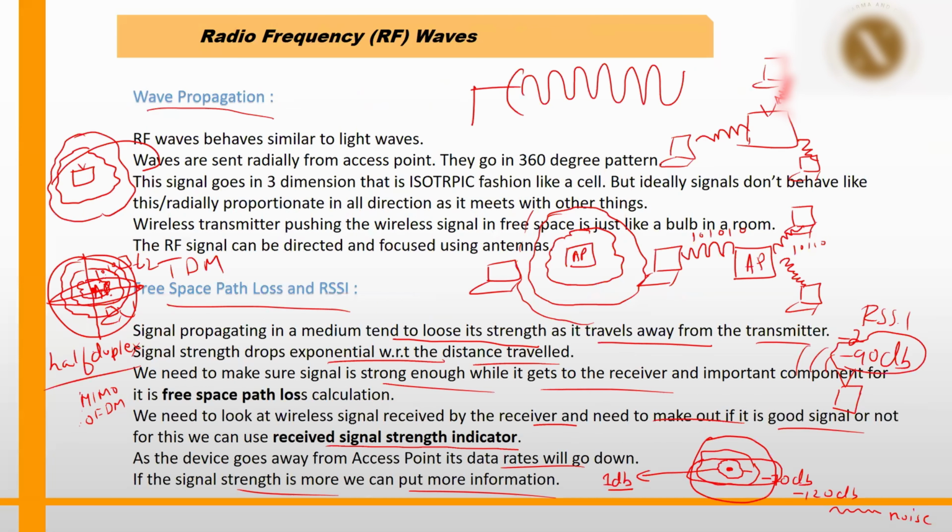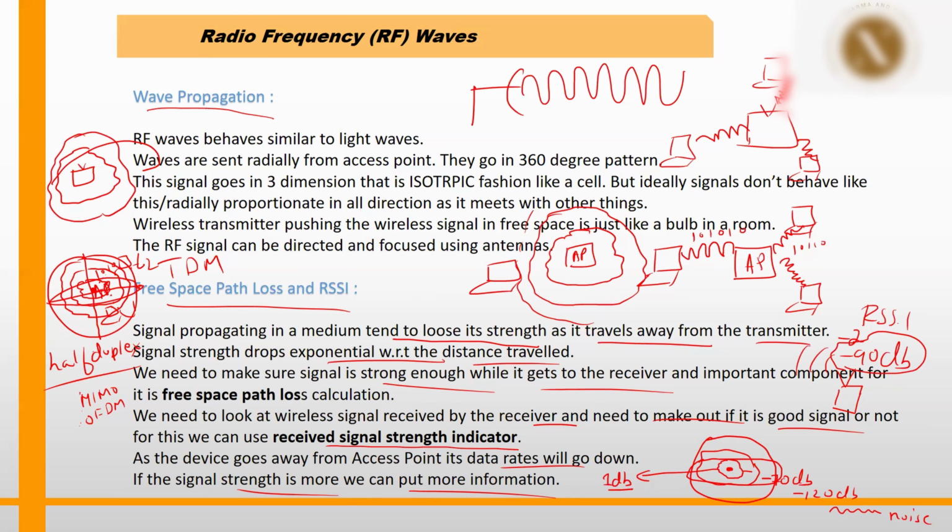Then we know how the wave is going to propagate, in a 360 degree direction, just like if you blow a balloon, it expands and expands, and at the end it limits its strength. You can use that analogy.